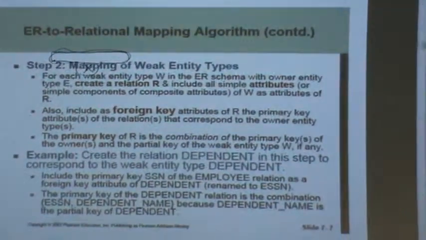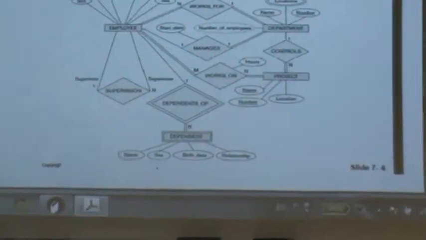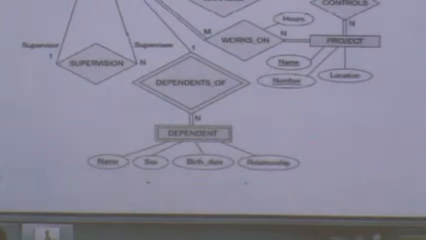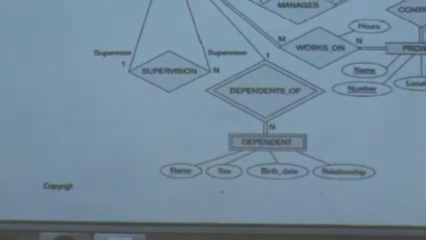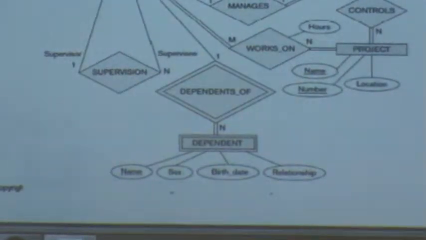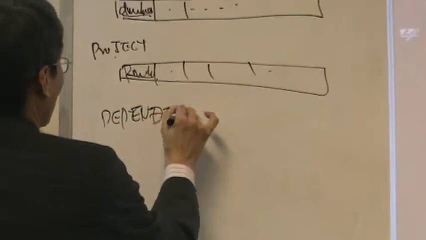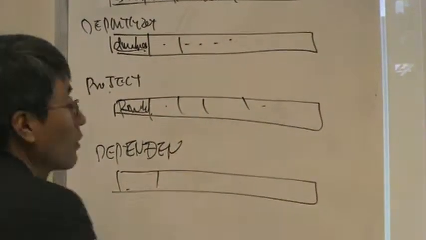Also, in case of the weak entity, we have the one weak entity. Right now it's okay. Then a weak entity, we have the dependent. Dependent does not have the strong key. It has only partial key.